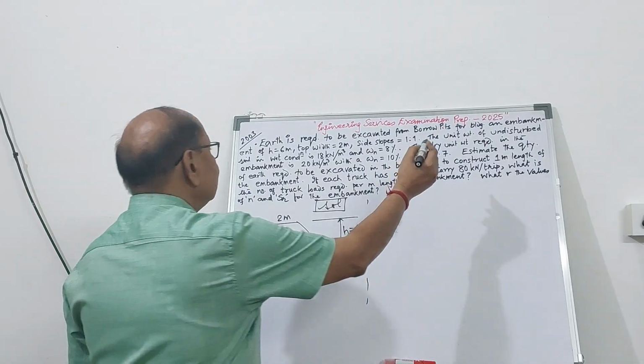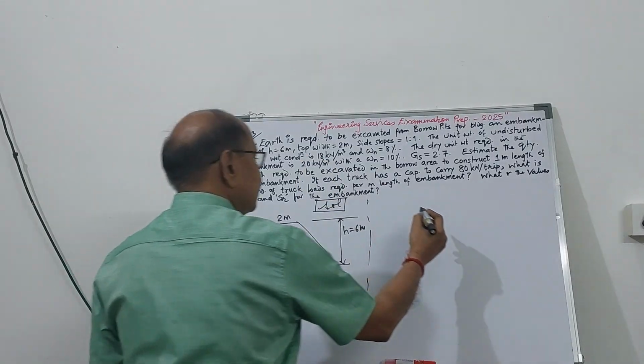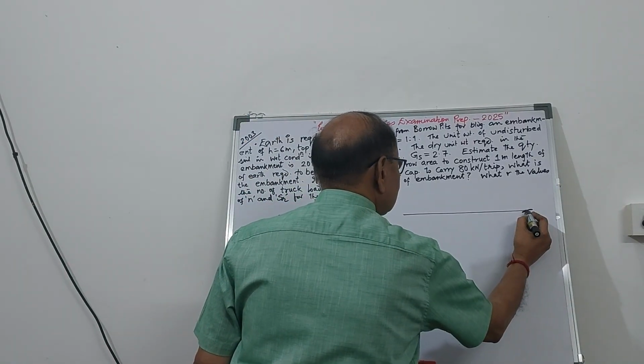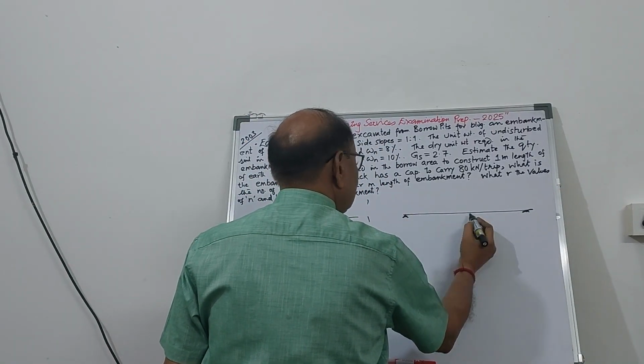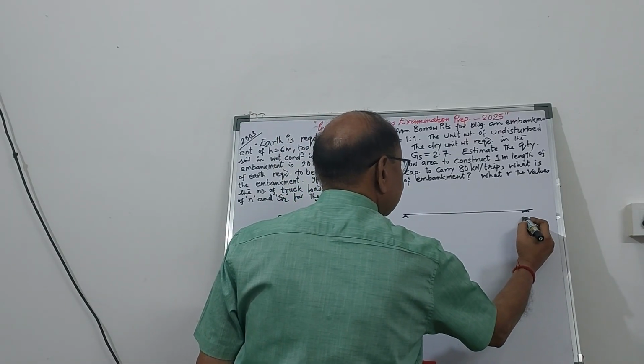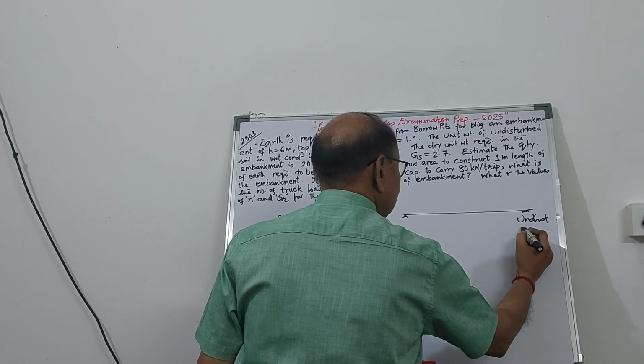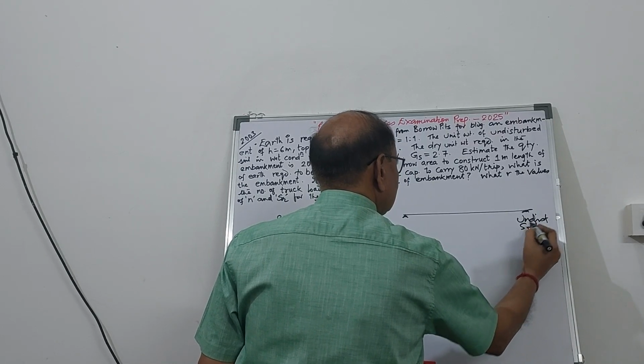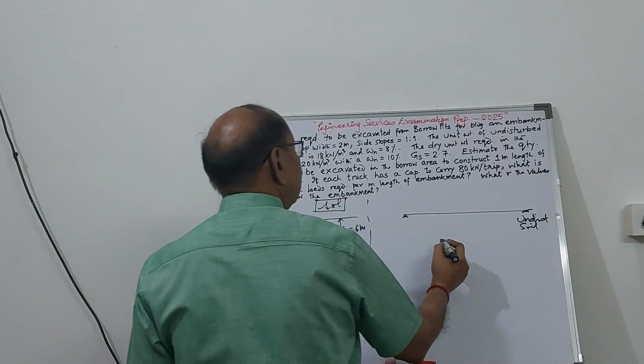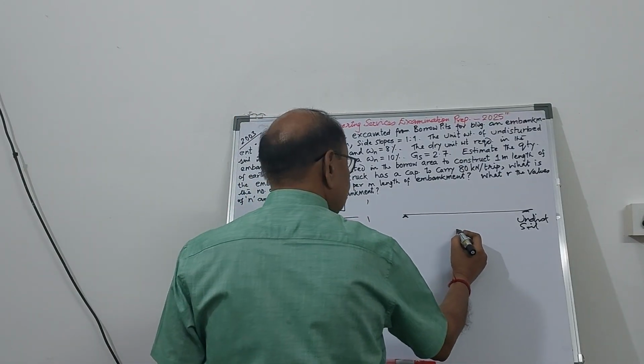So you have got undisturbed soil here. This is undisturbed soil, and its unit weight is given.